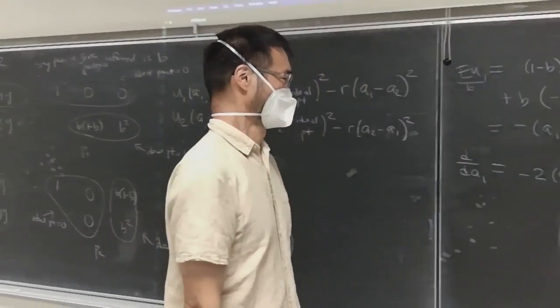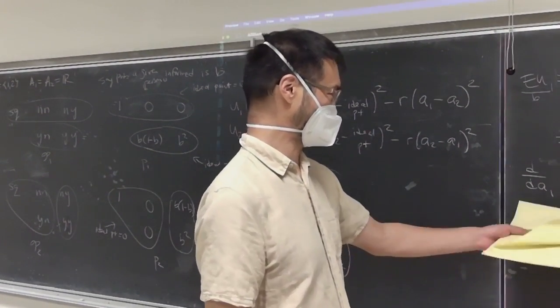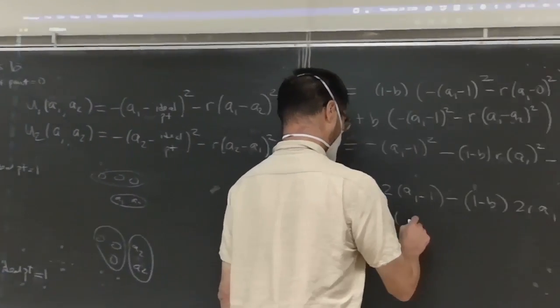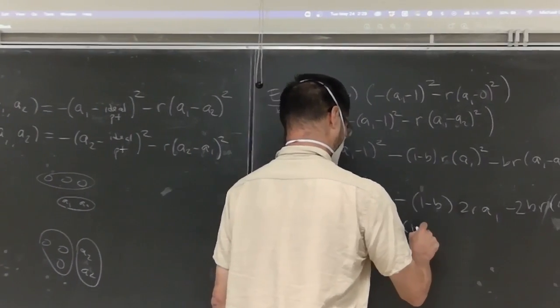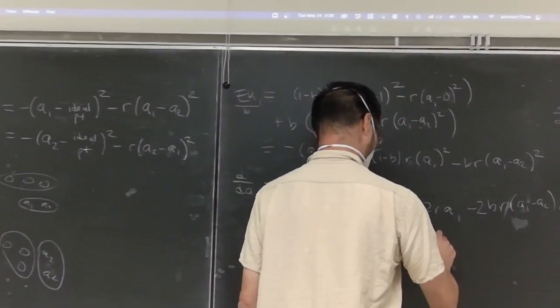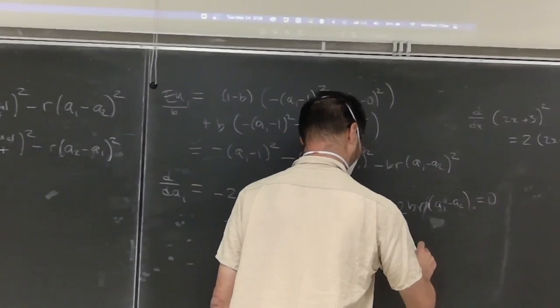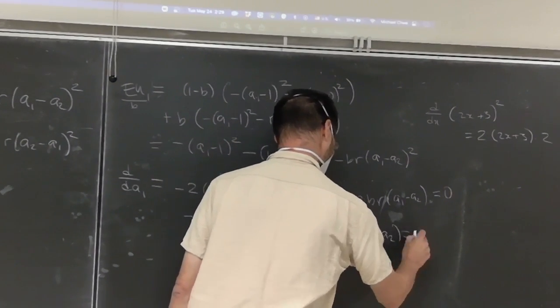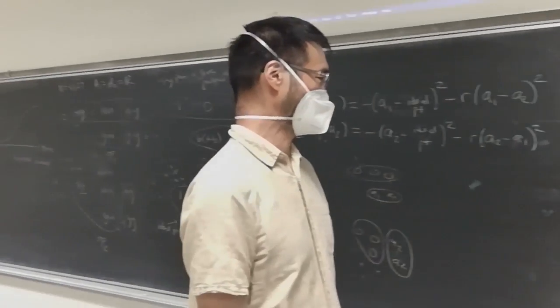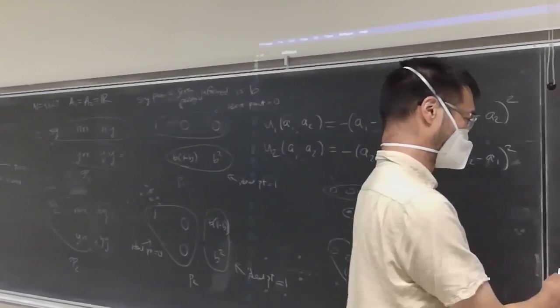Okay, great. Maybe I'll just divide all the 2's away to make it simpler. Minus A1 minus 1 minus BRA1 minus A2 equals 0. Maybe I'll put all the A1's on one side.